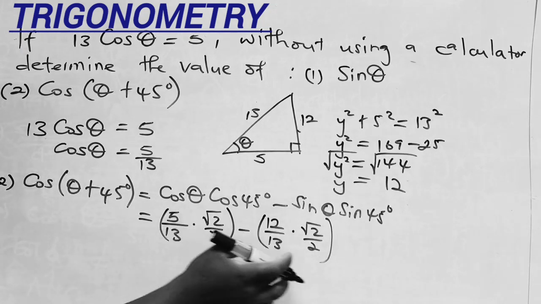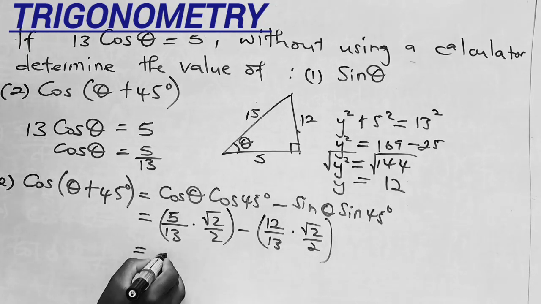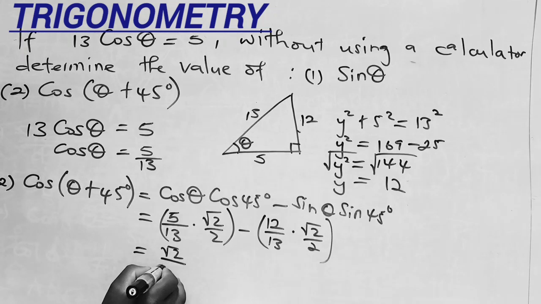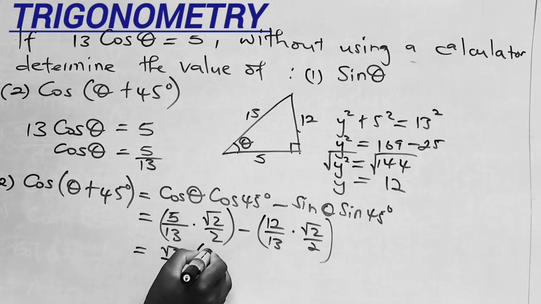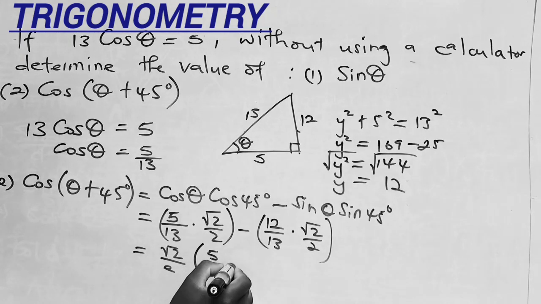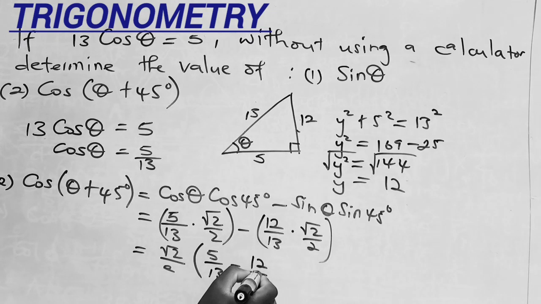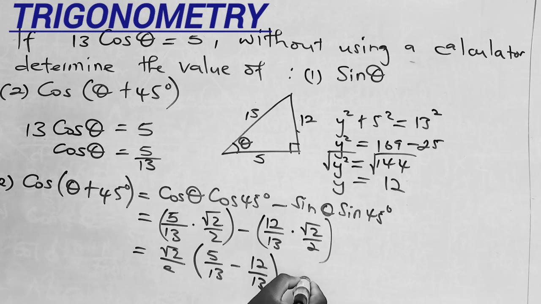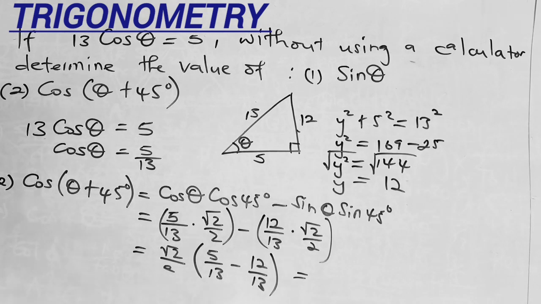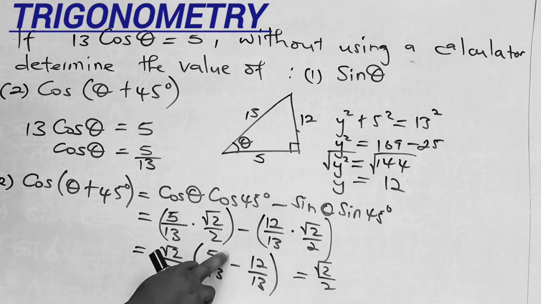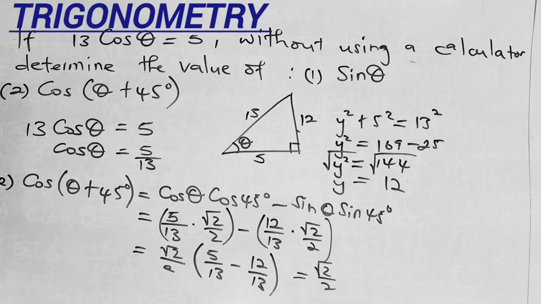Then we have a common factor, root 2 over 2, so we can factor it out. Then we'll be left with 5 over 13 minus 12 over 13. This is equal to root 2 over 2 times 5 over 13 minus 12 over 13. The denominator is common, so we just write 13 there.